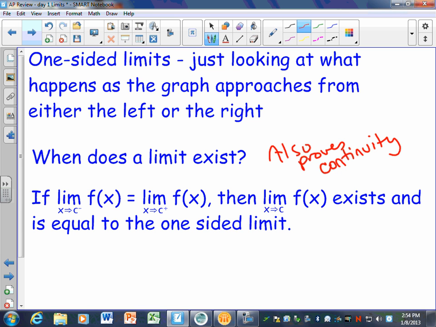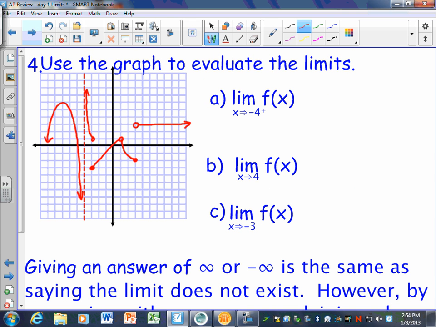So let's look at the next graph here. I kind of just drew this in, but just to remind you about limits and one-sided limits from a graph. Part A says, what is the limit as x is approaching negative 4 from the right, right?